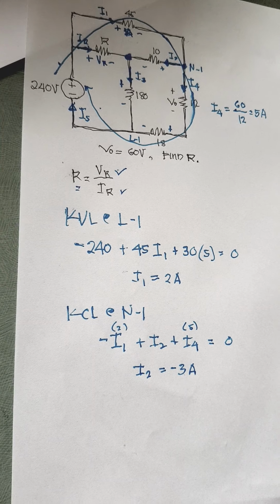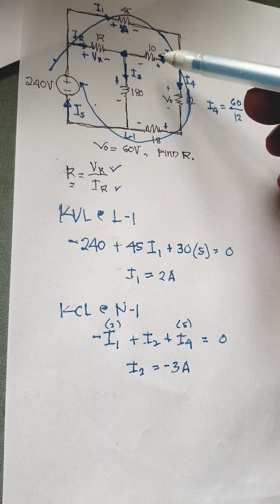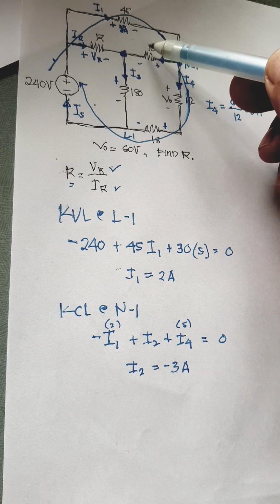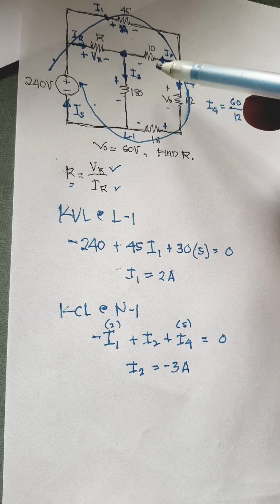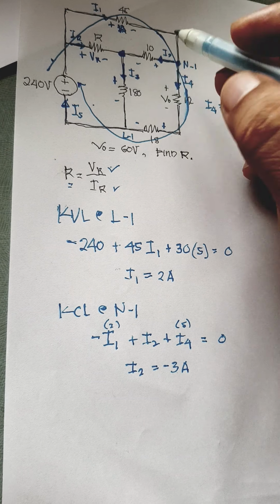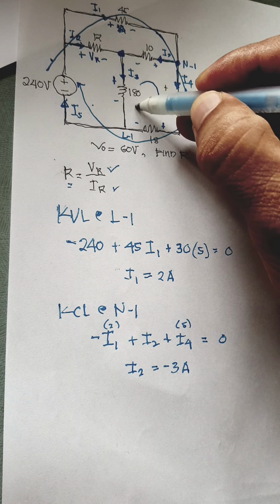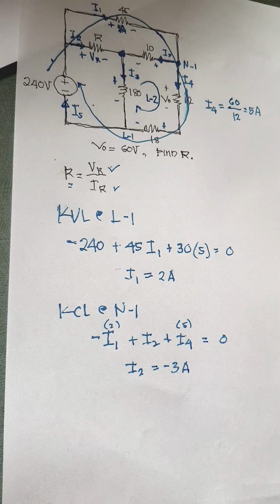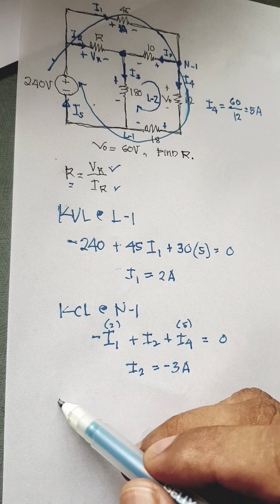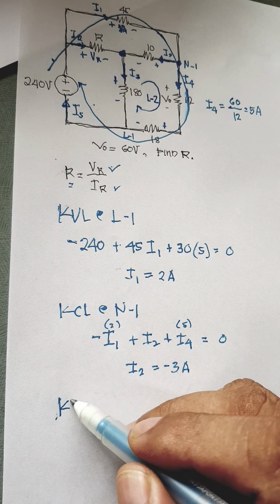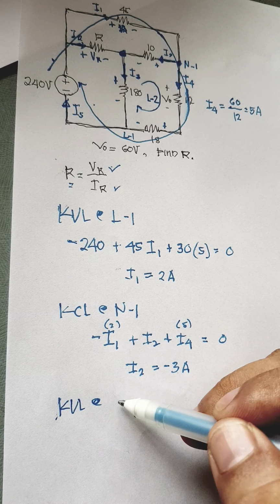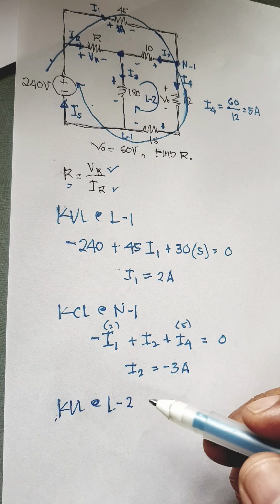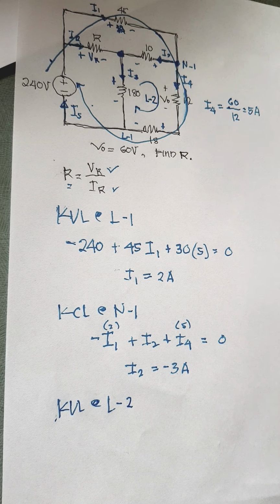So let us continue. If the current I2 is already given, then the voltage of 10 is already given, and we can now get the value of I3 by applying KVL on this loop. Let us call this loop 2. KVL at loop 2. Let's start with 180.